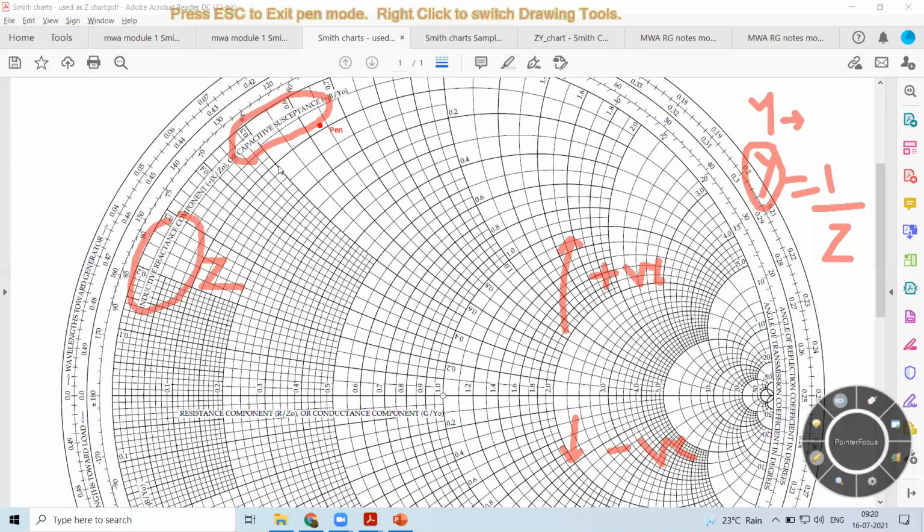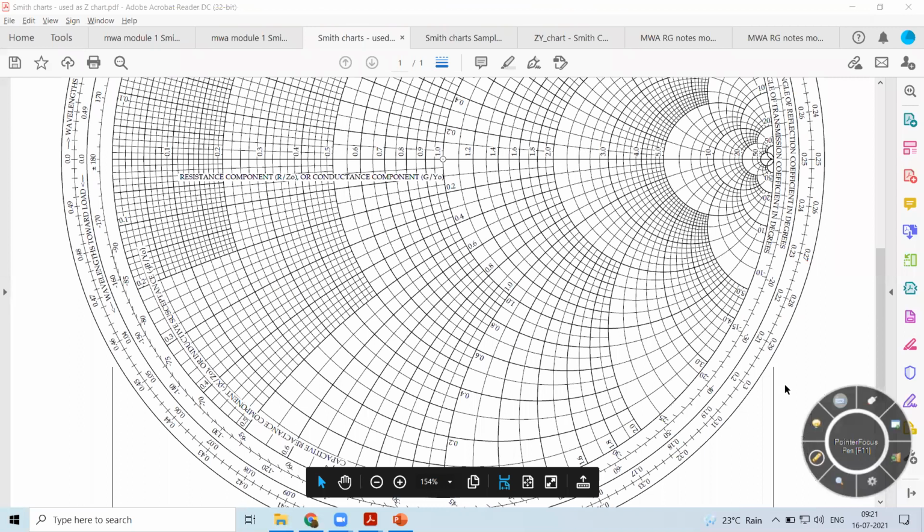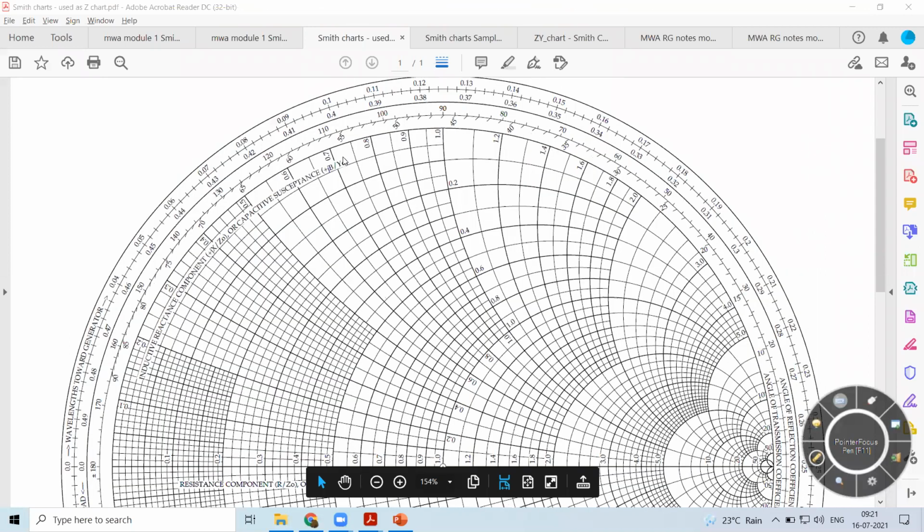That is, we'll be making use of this upper part for plotting the capacitive susceptance. This is inductive reactance. This is capacitive susceptance, which is nothing but the opposite of this. The opposite of reactance is susceptance. That's why you can see over here plus jB by Y naught. It is all normalized values.